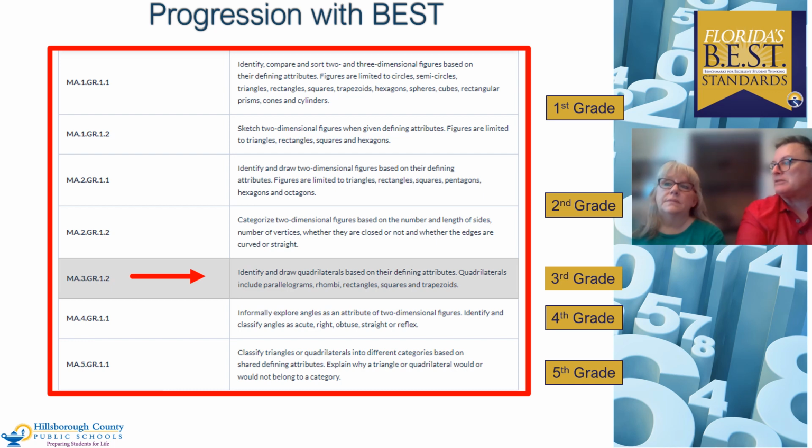BEST specifically identifies those 5 quadrilaterals that they need to work with and be able to categorize and subcategorize. And then fourth grade is working with angles and applying that to 2D figures. In fifth grade, it's subcategories of both quadrilaterals and triangles. And that triangle subcategories used to be in fourth grade. Yes, exactly.